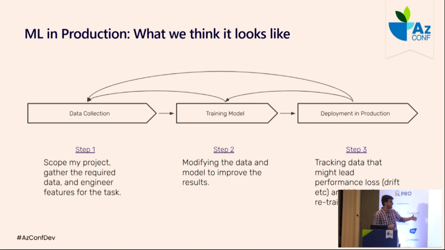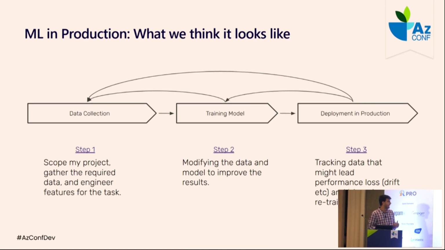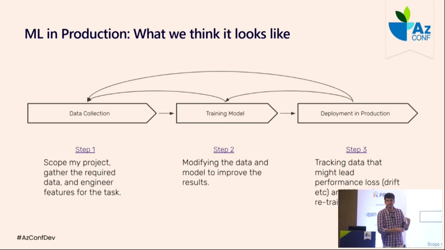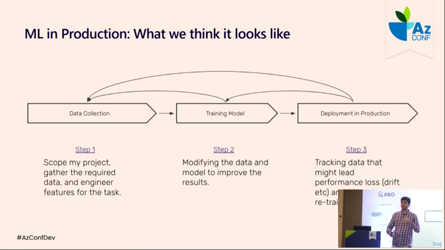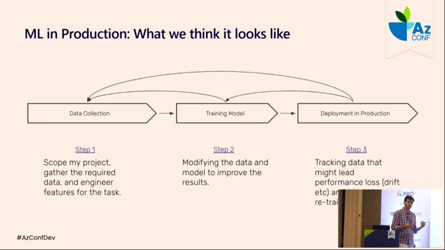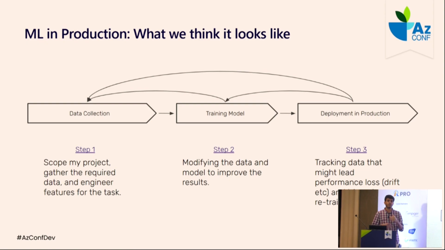But the reality is, it's always a back and forth process. You have some data, you're training a model on that data, but sometimes new data comes in, like better data, then you have to go back to collection, then again process the data, and then again train the model. And even in production, you have to keep monitoring the kind of data your model is getting. So if there's new data coming in, you also have to go back and do the training again. So it's not a straightforward process. It always happens in multiple directions.